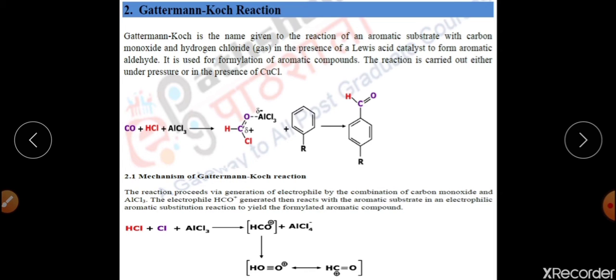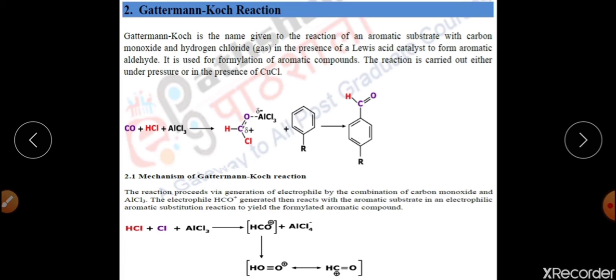So first of all, this AlCl3 will take the Cl and will get converted into AlCl4 negative, and C triple bond O, that is your carbon monoxide, will get converted into your electrophile.